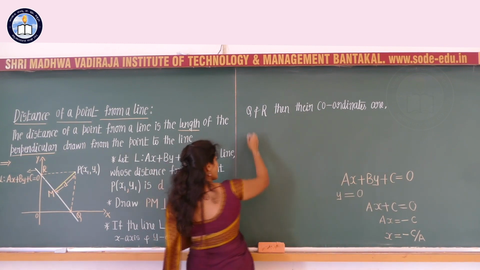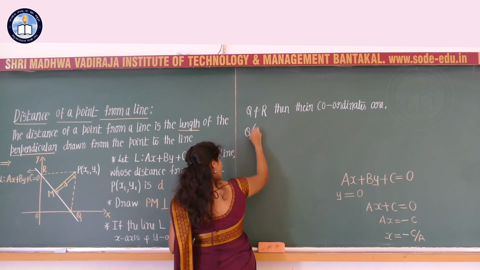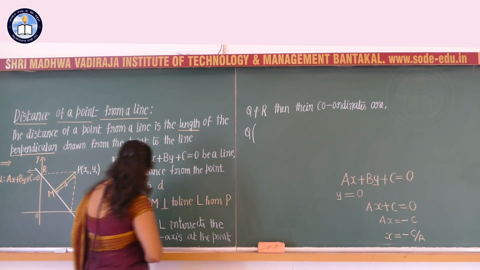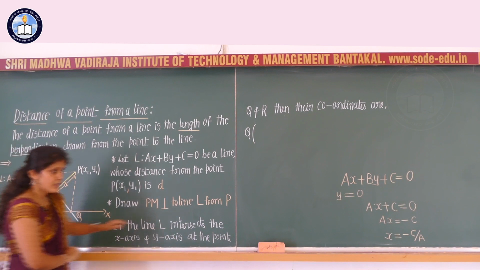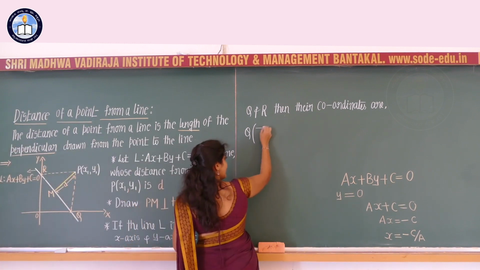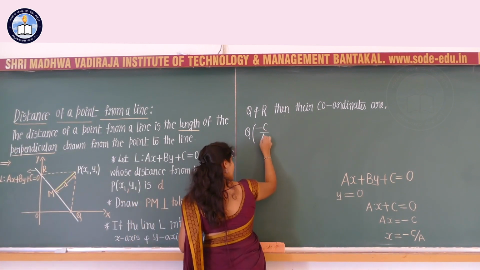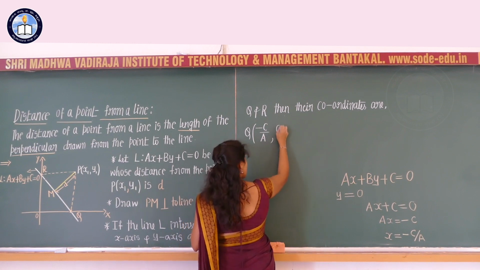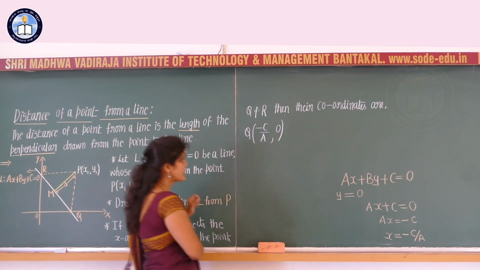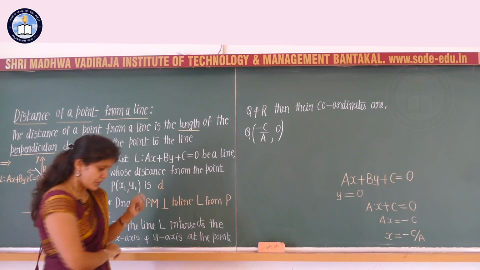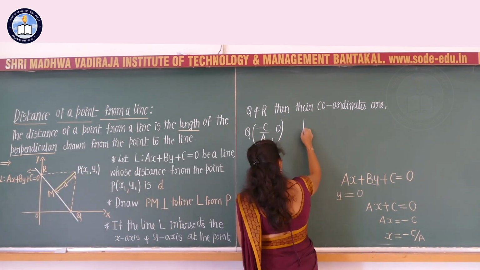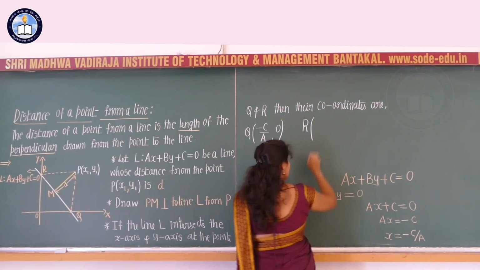Therefore, what are the coordinates of the point Q? Q is a point on the x-axis, so its x coordinate is minus C divided by A and its y coordinate is equal to 0, correct? Minus C by A comma 0. What are the coordinates of the point R?